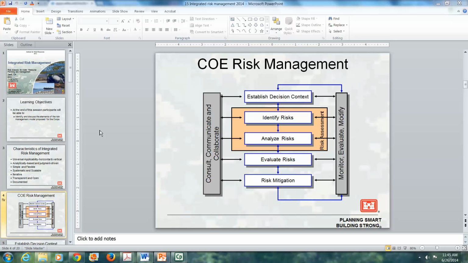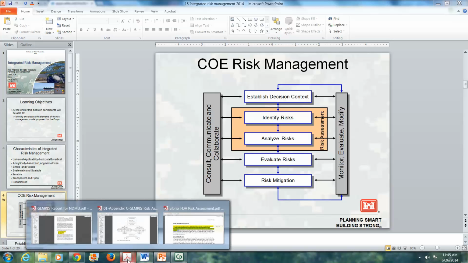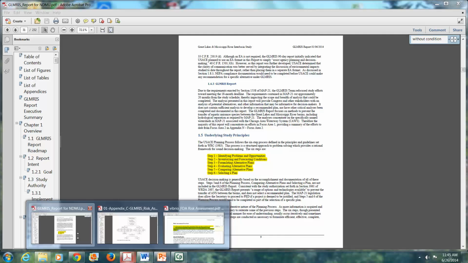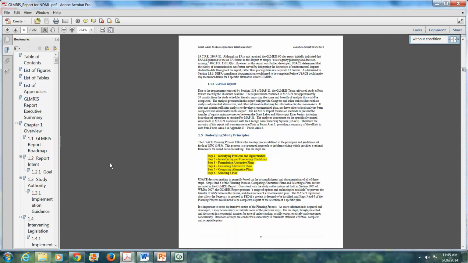But this model was not formally adopted, and it wasn't in the mind of every person who was working on the GLIMRIS study, although several were well aware of it. So let's now go to that study. Here is the GLIMRIS report, and we will be discussing these underlying study principles in a later video, but right now what I would like you to know is this.